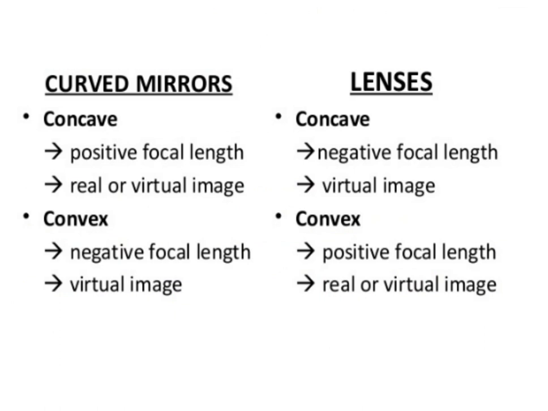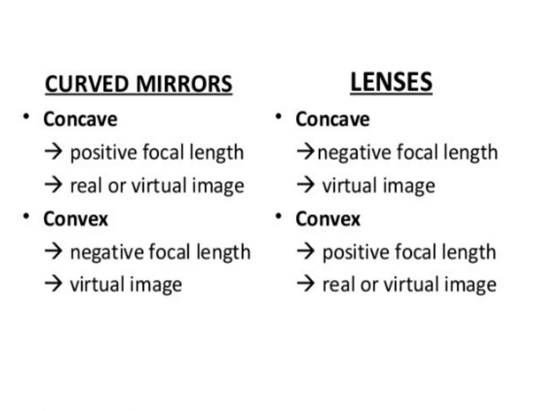Then if we use curved mirrors, in a concave mirror there is a positive focal length and a real or virtual image. And if we use a convex mirror, we get a negative focal length and a virtual image.